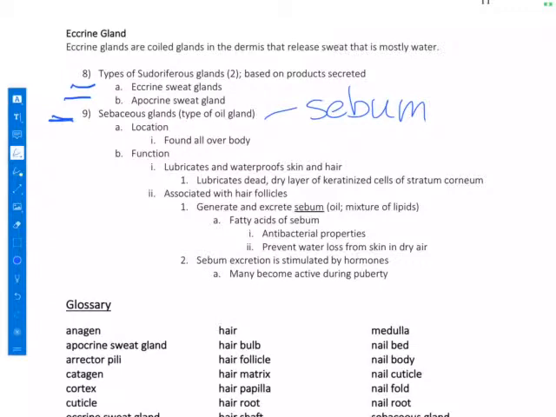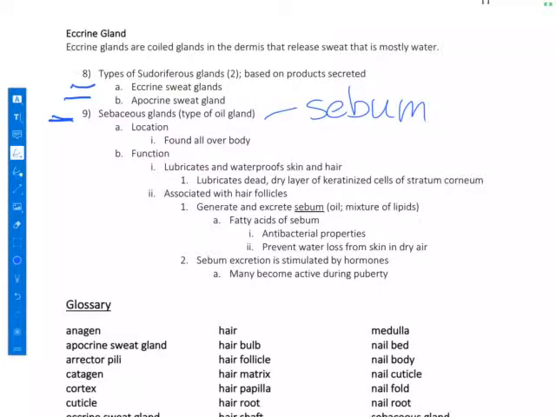And they lubricate the dead, dry layer of keratinized cells of that stratum corneum that's always shedding off cells. They're associated also with hair follicles because the oil that we secrete basically lubricates and softens the hair and the skin.